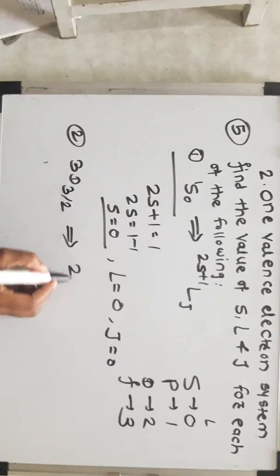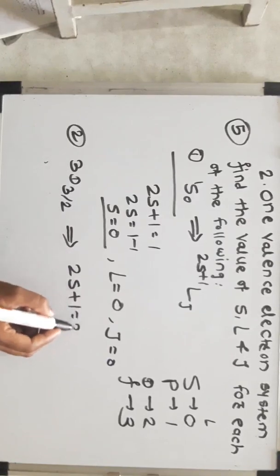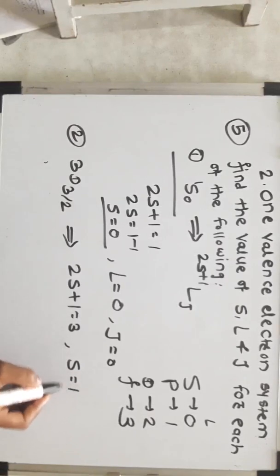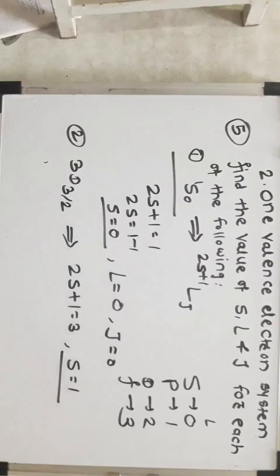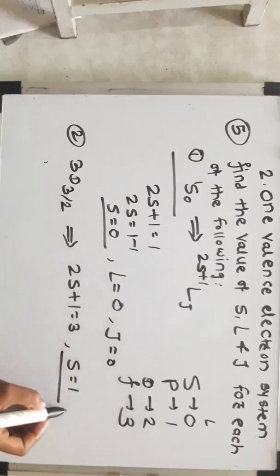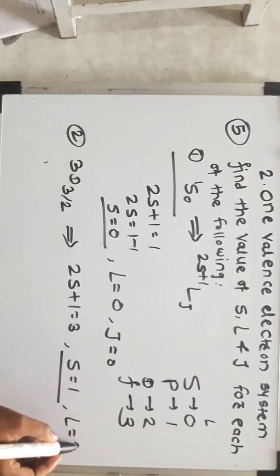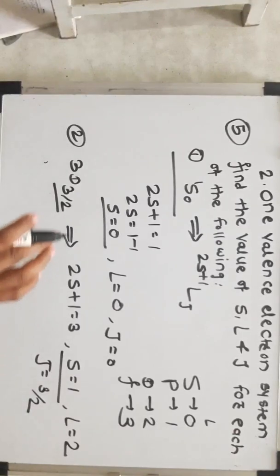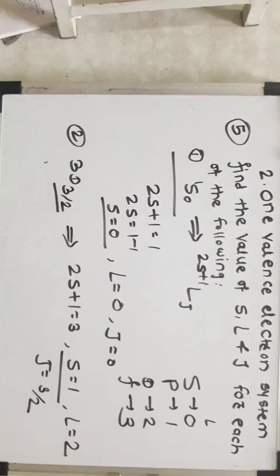The 2S plus 1 is equal to 3, therefore the multiplicity gives S is equal to 1. D stands for L is equal to 2, and the value of J is 3 by 2. In this way you have to solve some more problems.